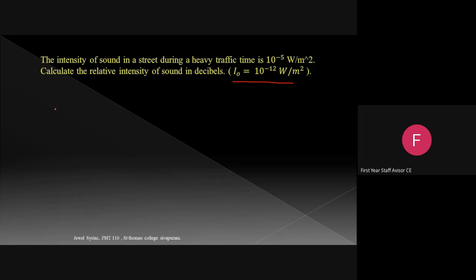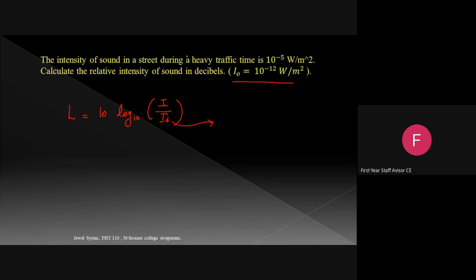If intensity level is represented as L, then it is given as 10 log base 10 of I by I0. Now, what is the intensity of sound we want to calculate?